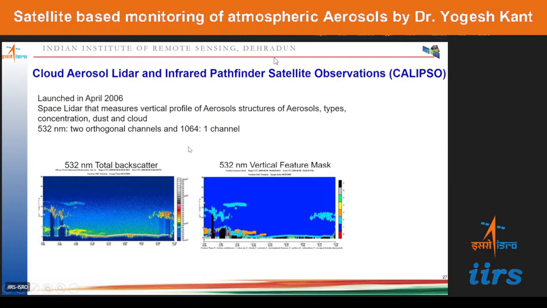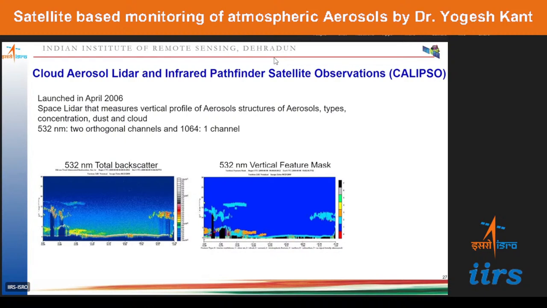There are two wavelengths, 532 nanometers and 1064 nanometers. At these wavelengths, pulses are sent into the atmosphere, and depending on the interaction with the different particulates, they are scattered, and the backscatter is received at the satellite sensor, and it estimates the vertical profile of the aerosols in the atmosphere.